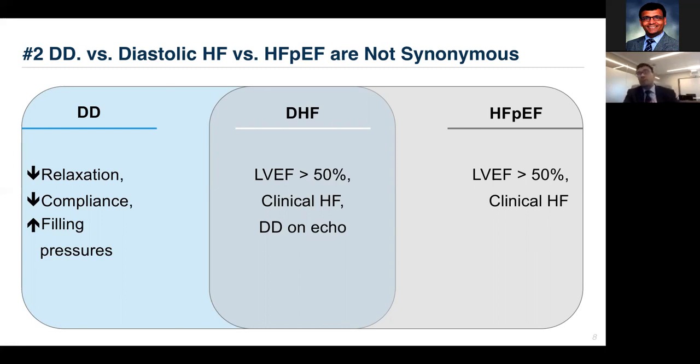Now, they may have predominantly an extra cardiac element of heart failure that leads to heart failure in the form of endothelial dysfunction, inflammation, poor skeletal muscle performance, and so on and so forth. So there are phenotypes where there are extra cardiac features which may be more profound and lead to elevated filling pressure, but you may not have the patients having all the features to suggest diastolic heart failure.